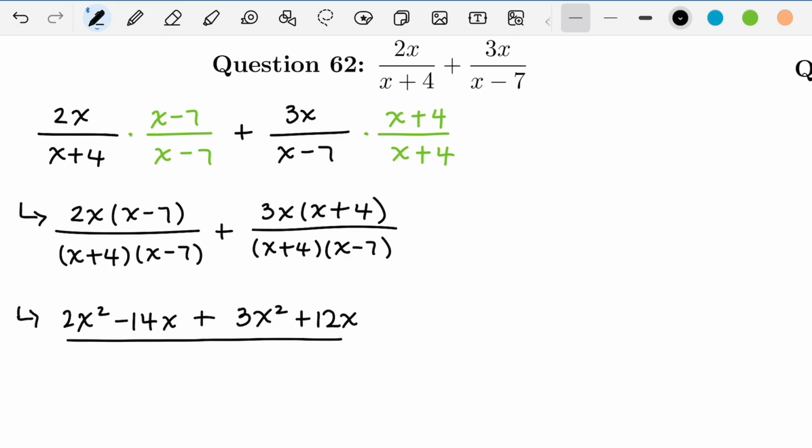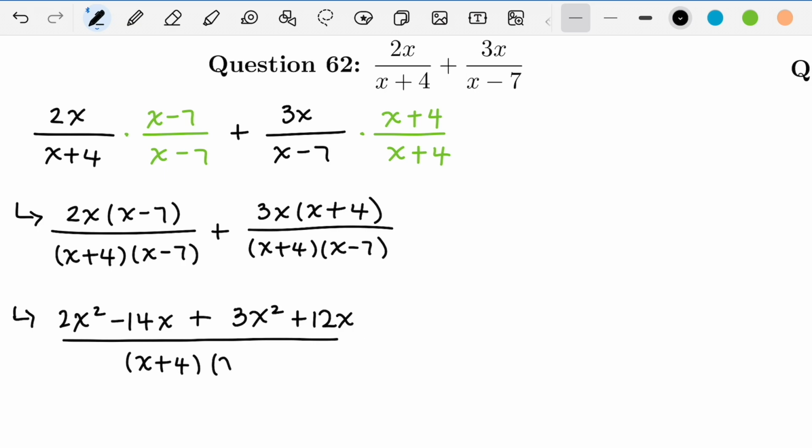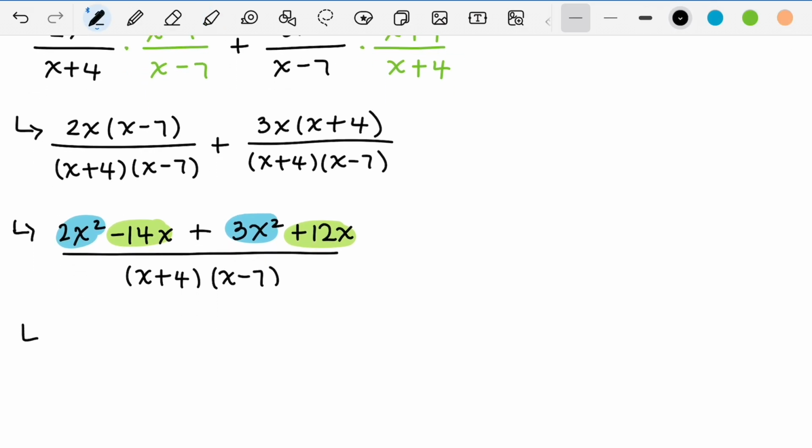Now, since we have our common denominator, this will just all be over x plus 4 times x minus 7. Now from here, we can combine like terms. We have 2x squared, a 3x squared, and then a minus 14x and a plus 12x. So combining these like terms here, we're going to get a 5x squared and then minus 2x in our numerator. And this is still all over our common denominator here.